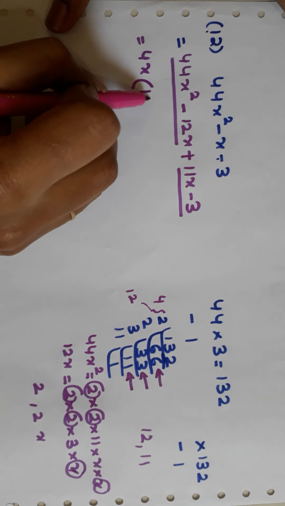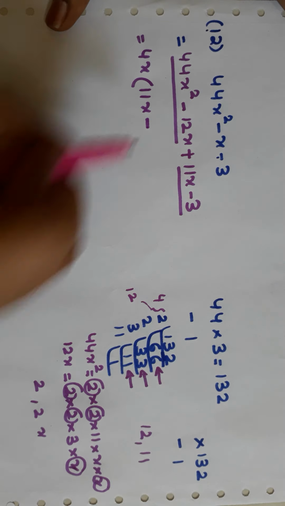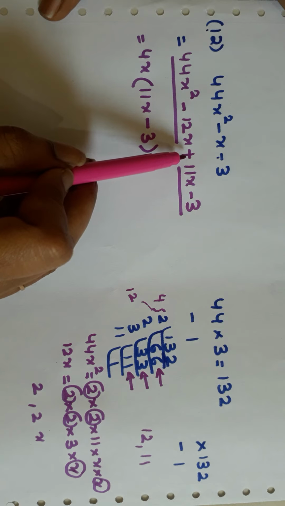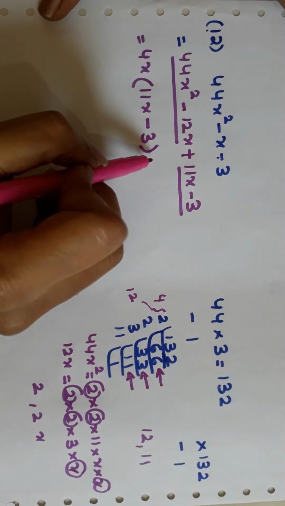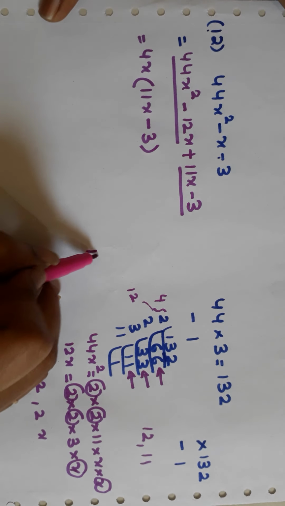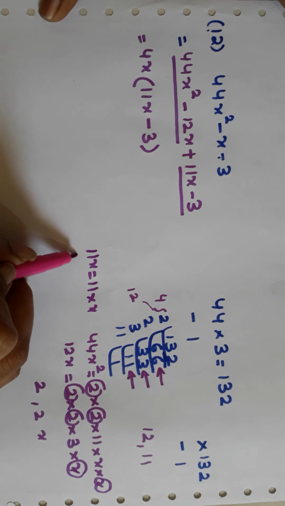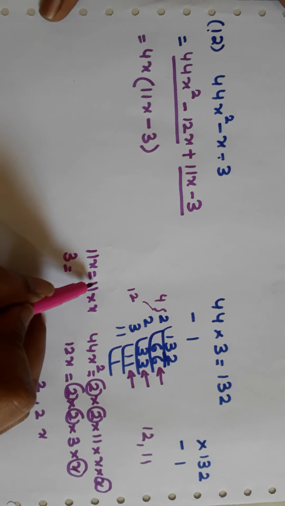11x minus here, and in the second term 3. Since there is a plus sign, we don't have to take tension of sign change. 11x is 11 into x because 11 is a prime number. 3 is also a prime number.